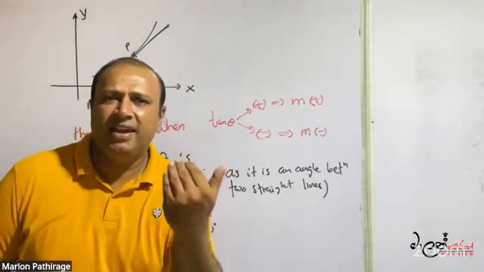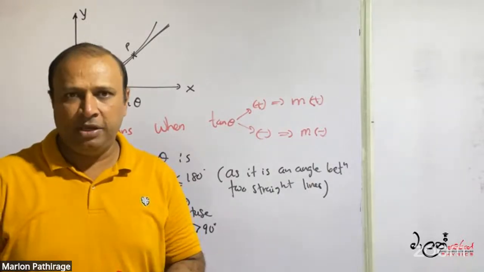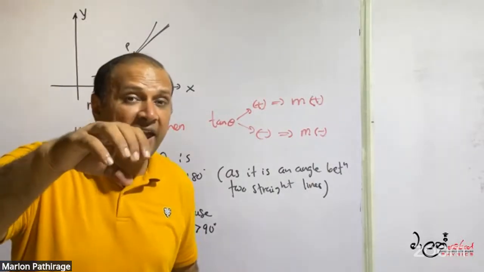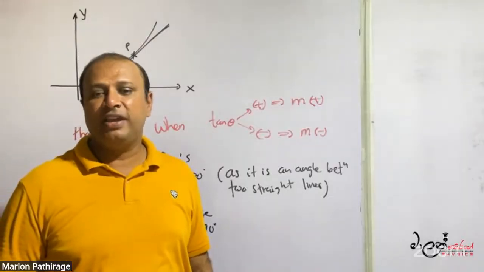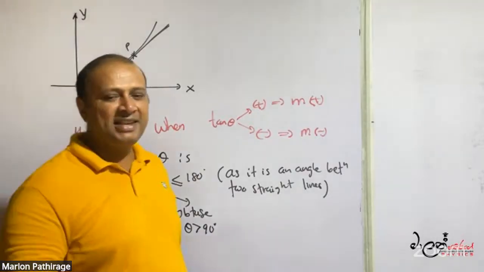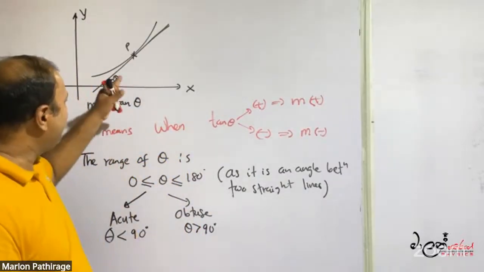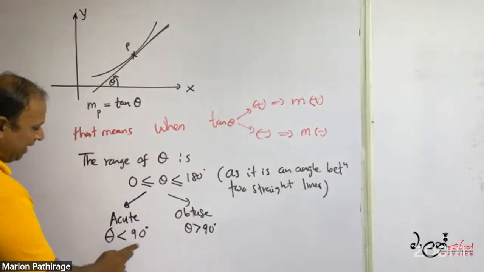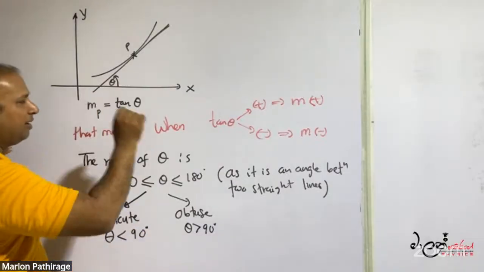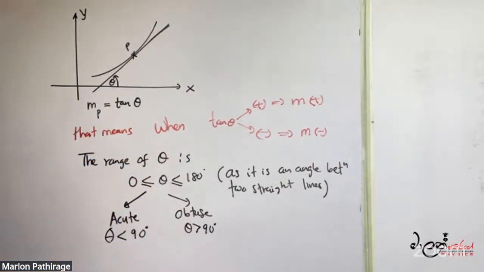When theta is lesser than 90, what is the sign of tan value? If it is an acute angle, what is the sign of tan value? Yes, that is positive.